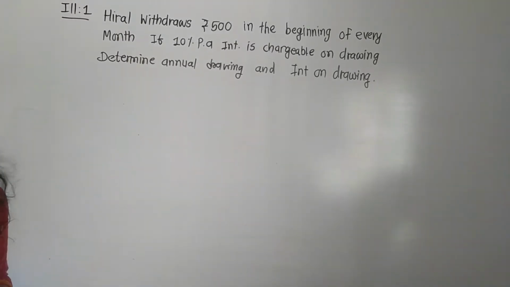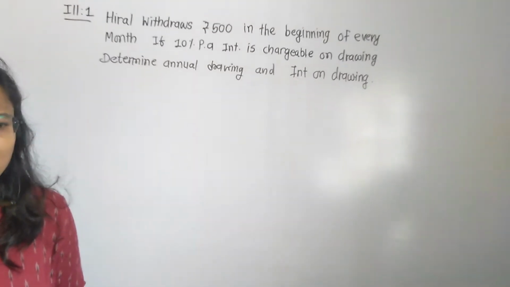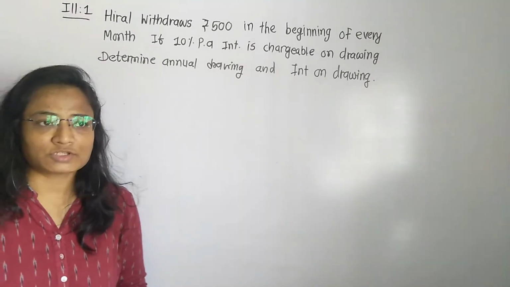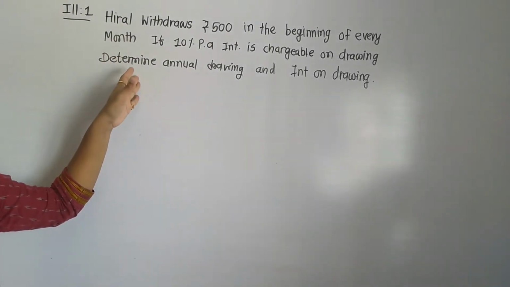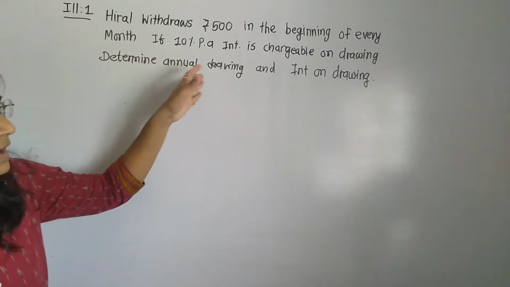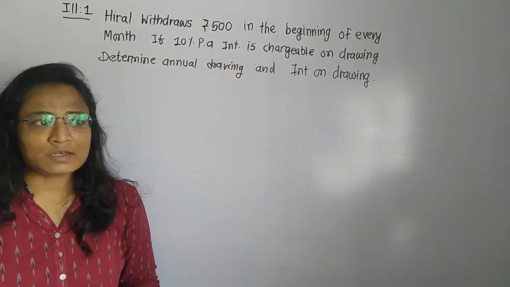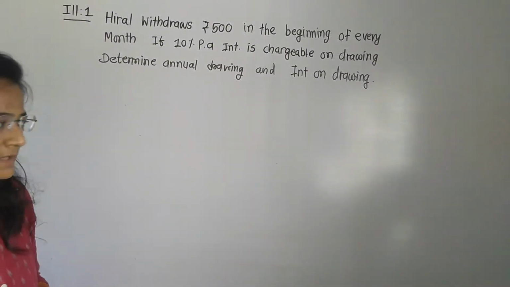When any partner withdraws, means doing a drawing from the partnership firm, and if there is a charge of interest on drawing, and if the drawing is done by the partner monthly, then there are some rules for calculation of interest on drawing.